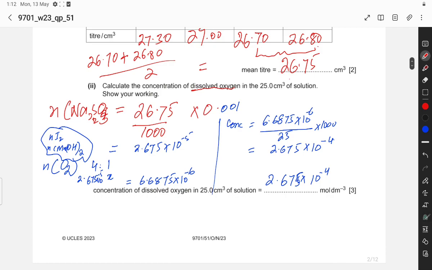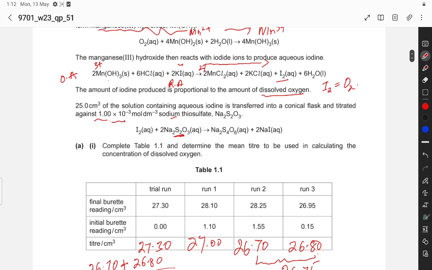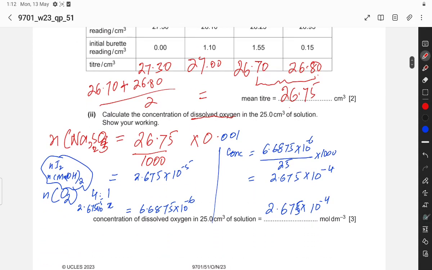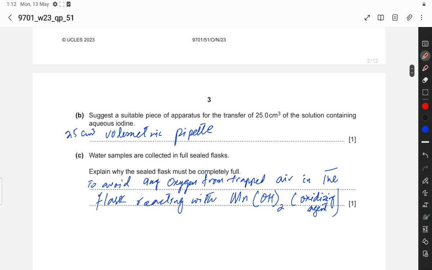Concentration is moles over volume times 1000, and we know that 25 cm³ of solution containing iodine is transferred into a conical flask. So the concentration of dissolved oxygen in the 25 cm³ of solution is 2.675 × 10^-4.